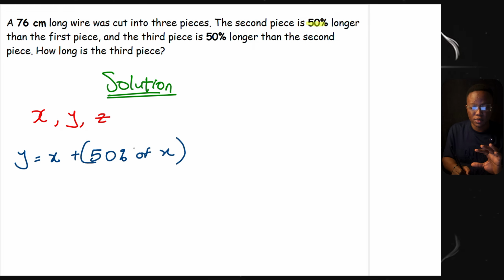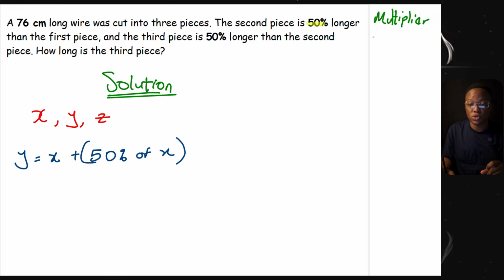And that makes it significantly easier. Alright? Rather than saying 50 over 100 times X and then adding it, you can just do it this way. Okay?